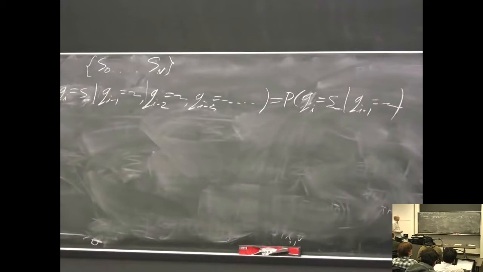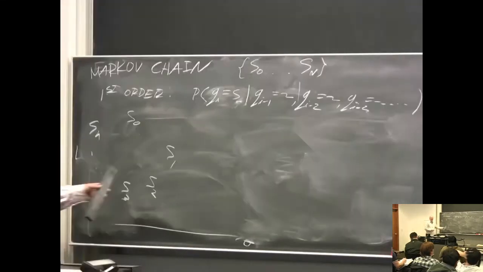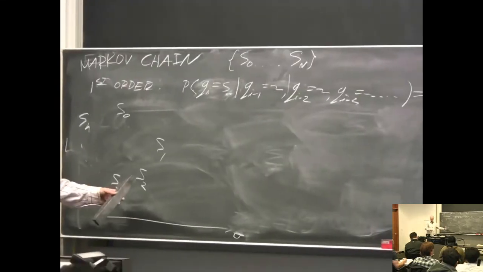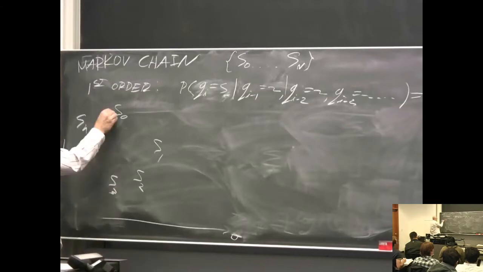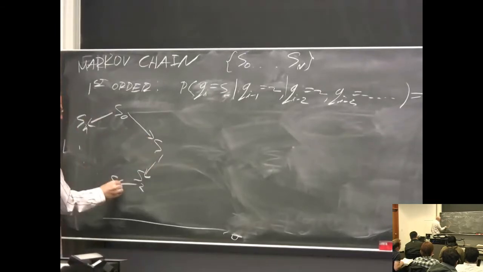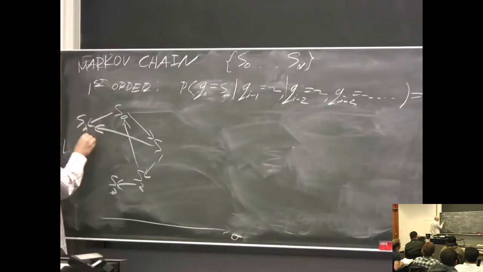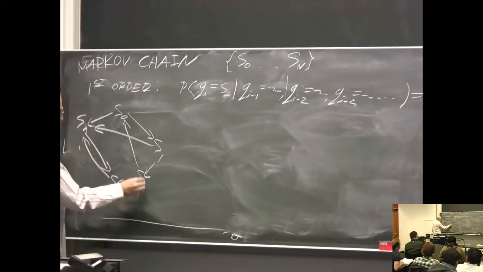And we can draw a beautiful picture of S0, S1, S2, S3, all the way through Sn. These are the fixed set of parts of speech that are possible, and we can draw arrows between them for the transitions. So the arrows go every which way. In fact, they go backwards too.